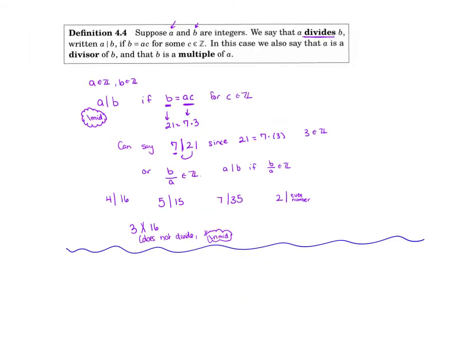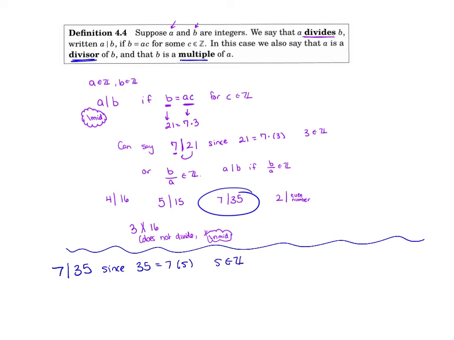All right, so now let's go for the rest of these words. We've probably seen divisor and multiple before. So let's pick an example here. I've got 7 divides 35, since 35 is 7 times something, where that thing is in Z, just practicing using my definition.